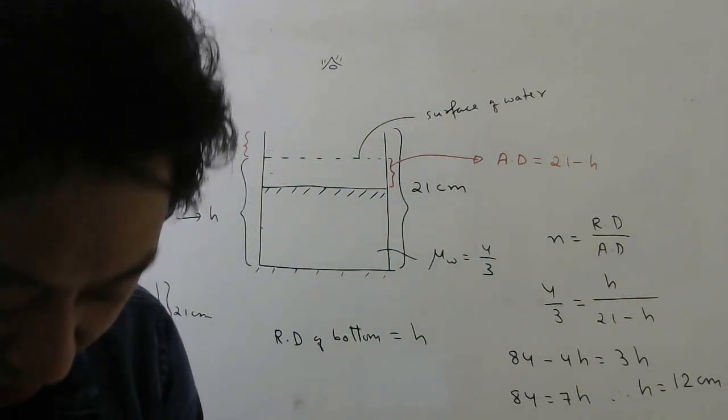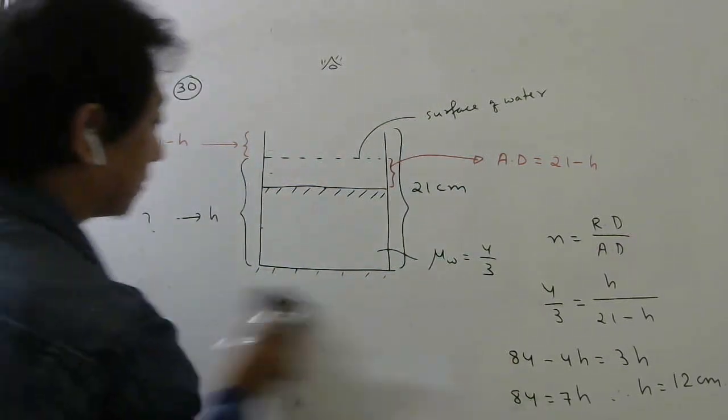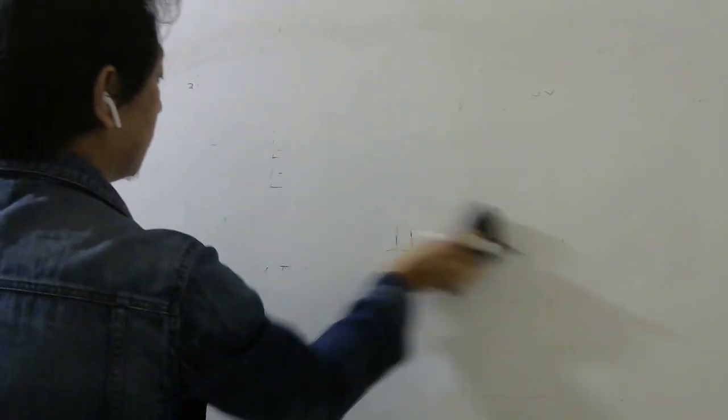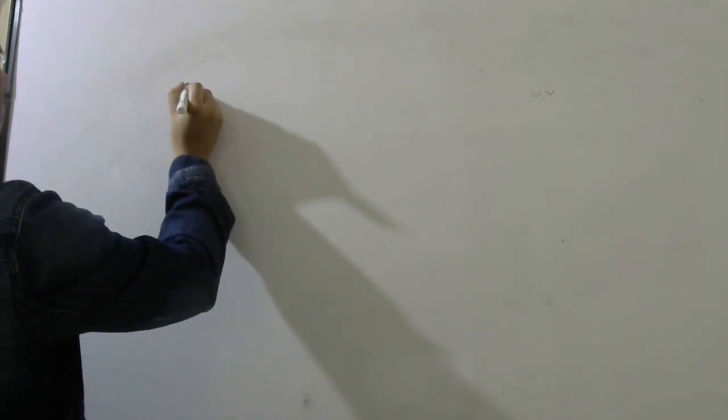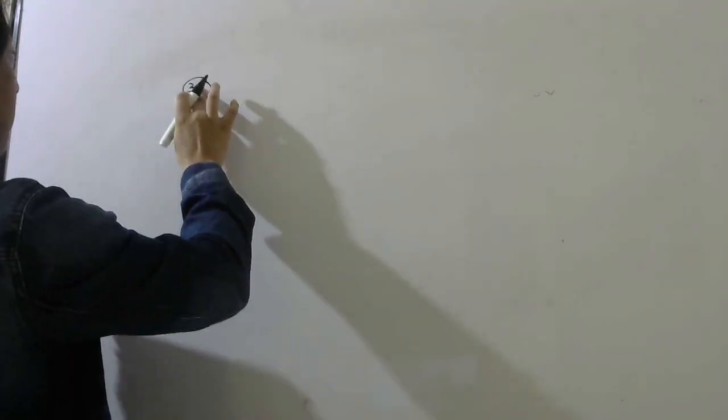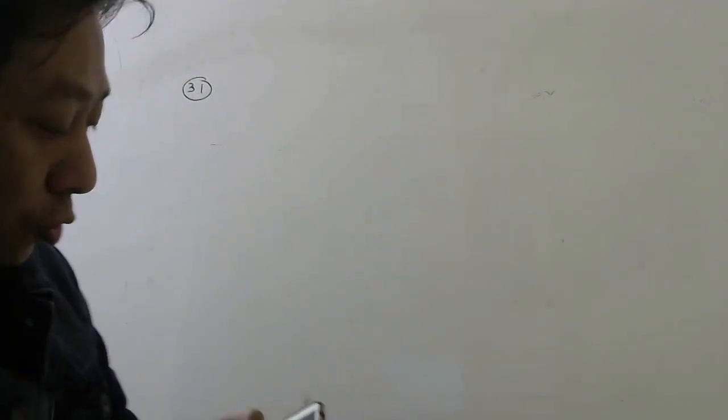Okay, next question you see, 31, sorry. Each quarter of a vessel, each quarter means 1/4 of a vessel of depth h, is filled with liquids of refractive index N1, N2, N3, and N4. The apparent depth of the vessel when looked at normally.